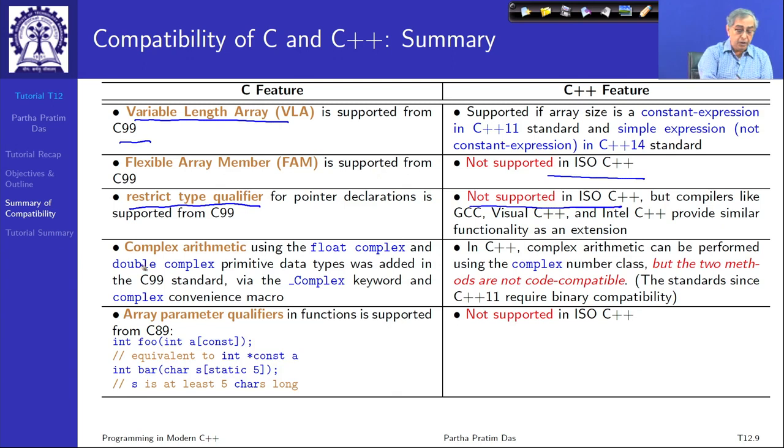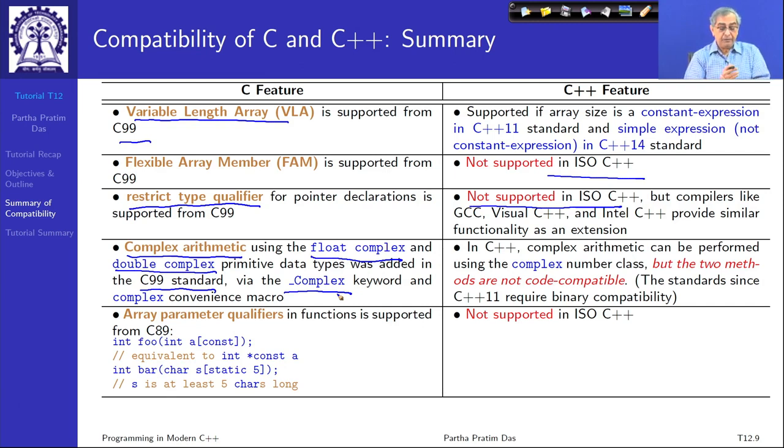Complex arithmetic is directly supported in C99 with the float complex and double complex primitive data types, which C99 introduces using the underscore Complex keyword. So, you have complex as a part of the language type, whereas in C++, like bool moved from being a standard library type to being a built-in type, here it is the other way.